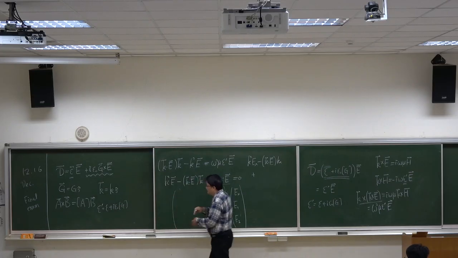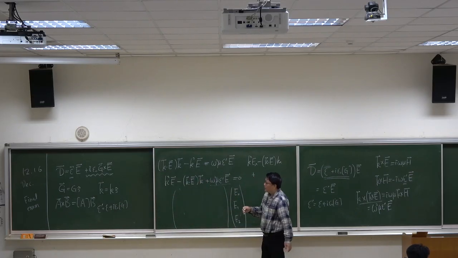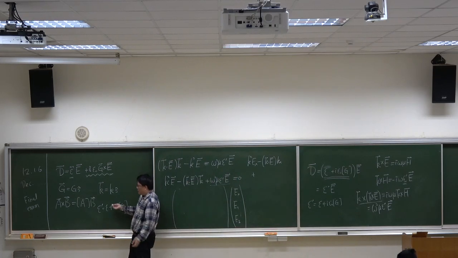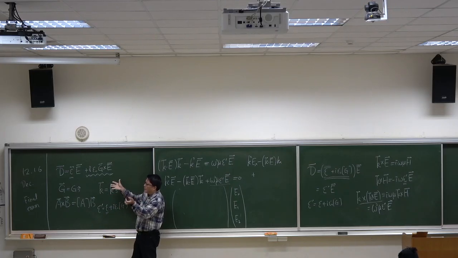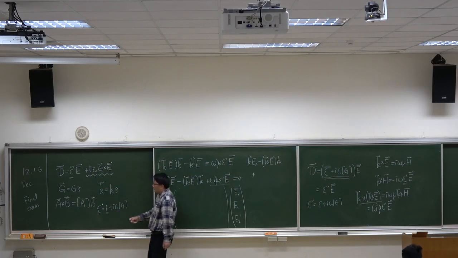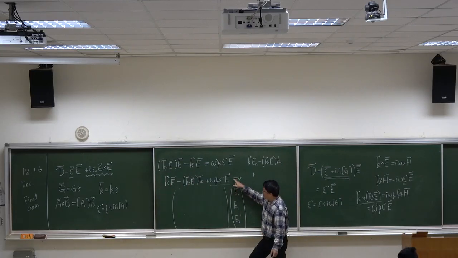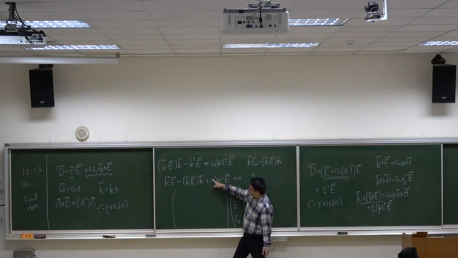Okay, in section 4.1 or 4.2, we have this epsilon as a diagonal matrix, which means we work in the so-called principal axis. So in that case, the x component of this is just equal to omega squared mu epsilon x times Ex.